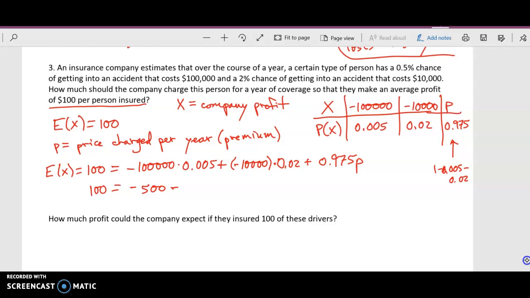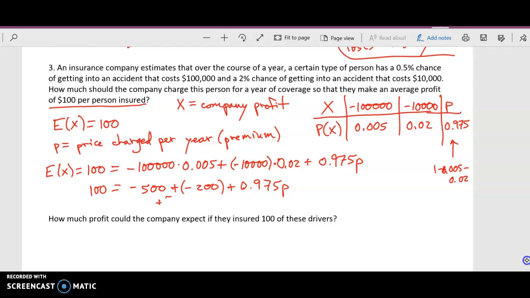This is minus 200. So this is minus 700.